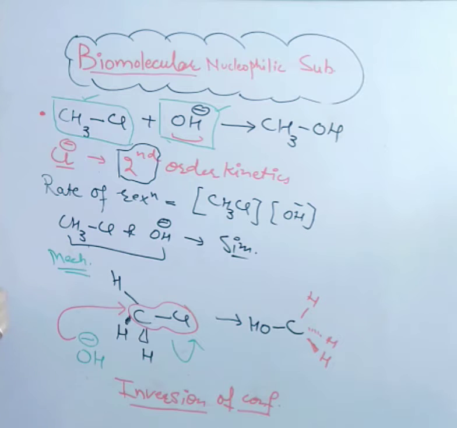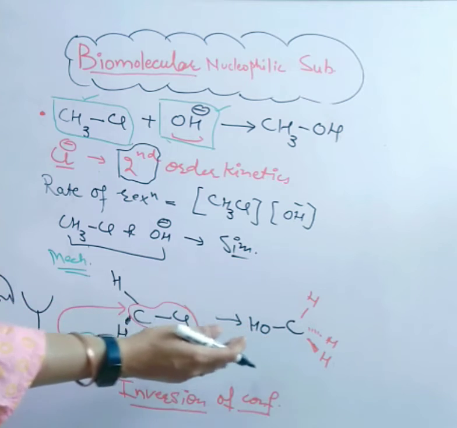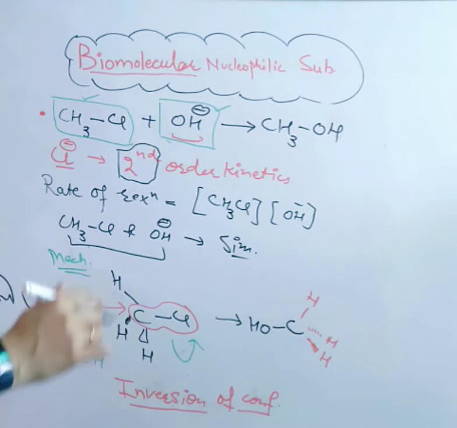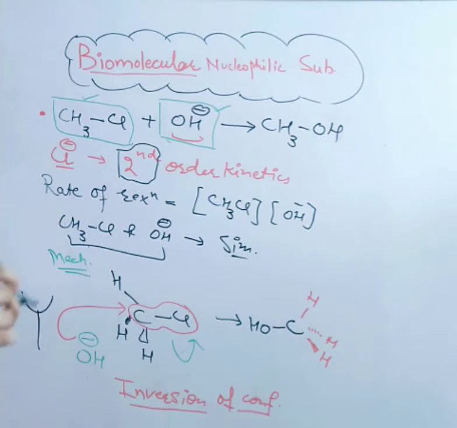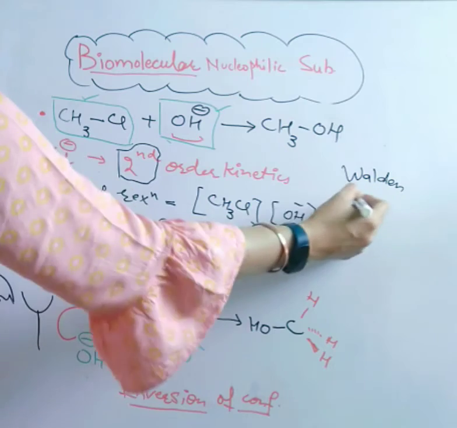Suppose I am drawing an umbrella here, this is your umbrella. When a storm catches, a strong wind is there, it gets reverted back. In the same way your configuration gets inverted. So this is known as inversion of configuration, or we can give a name here, this is also known as Walden inversion.